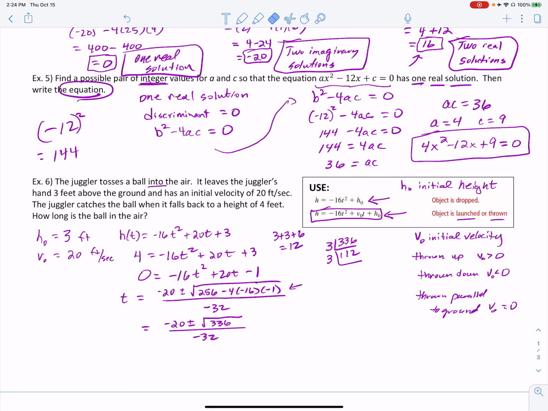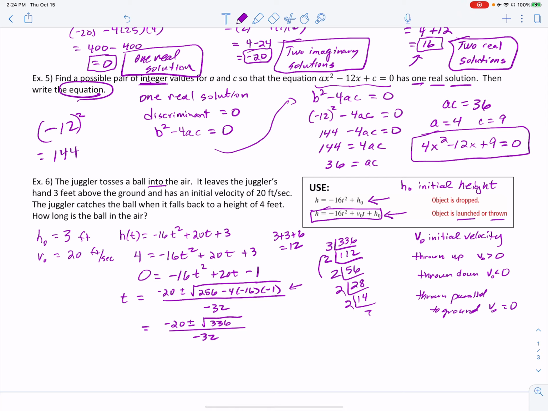So that's not going to work. And I guess I should have started with 2. Oh well. So if I put 2 in there, it goes into 336 168 times, and then 2 goes into 168, 84 times, and 2 goes into 84, 42, and 2 goes into 42, 21. And you're done because that's prime factored.